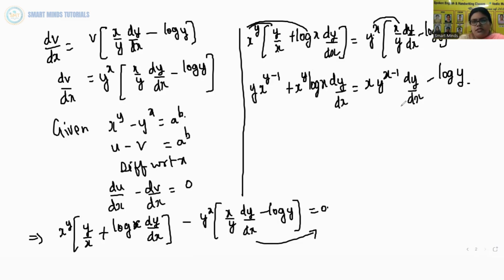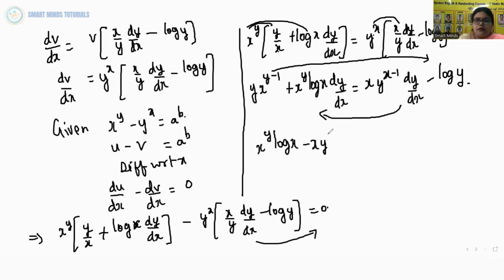Now we take this dy by dx term to the left hand side and we bring this term to the right hand side. So you get x power y log x minus x into y power x minus 1 into dy by dx equals minus log y minus y x power y minus 1.